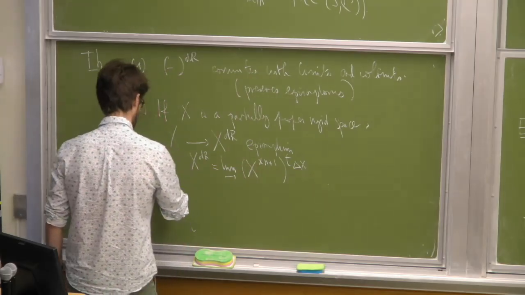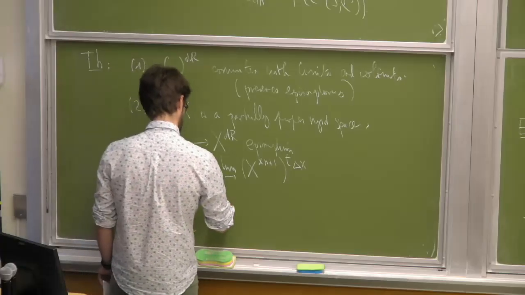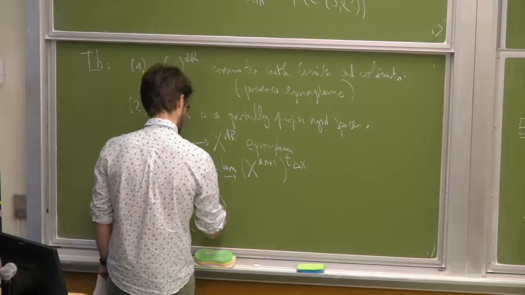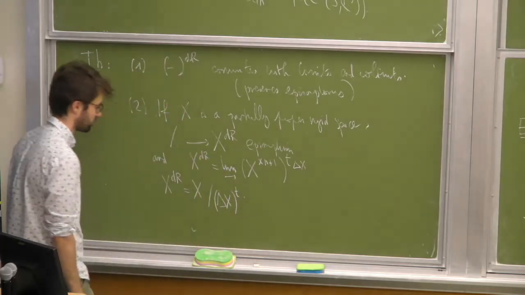Maybe I should just write it like this. So something like: take the diagonal inside X, take some overconvergent neighborhood.